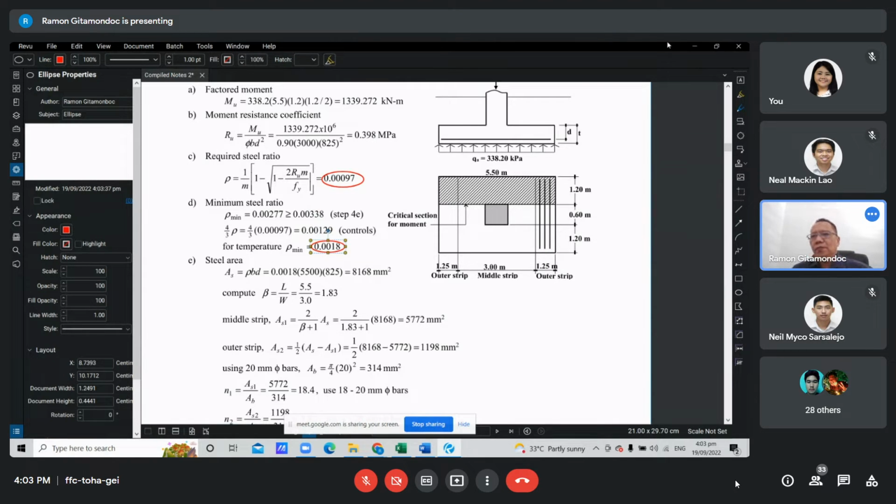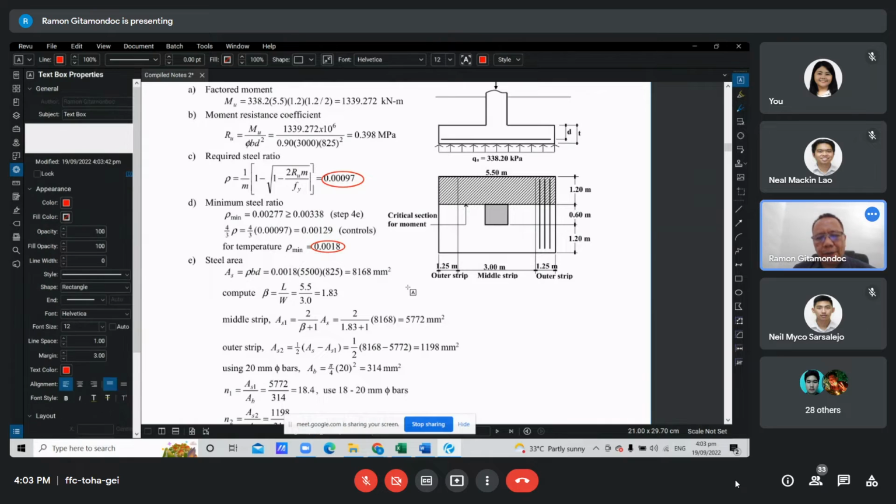So now this will govern. The requirement for temperature steel As is 0.0018 times bt, so not bd but rather bt, whereas for flexure you have rho bd. Just try to verify which governs.